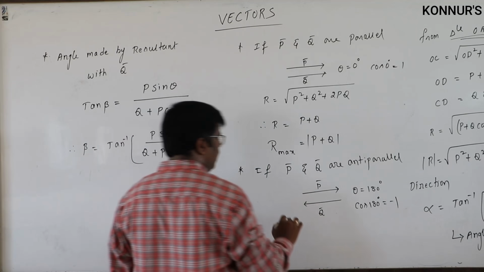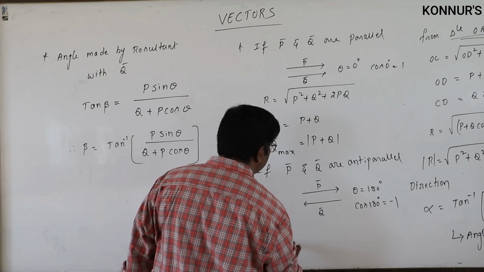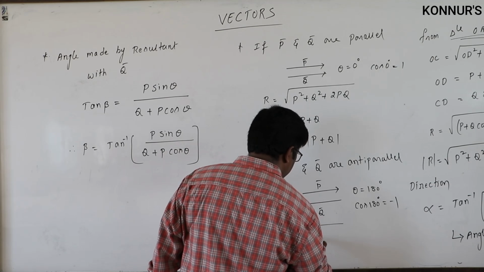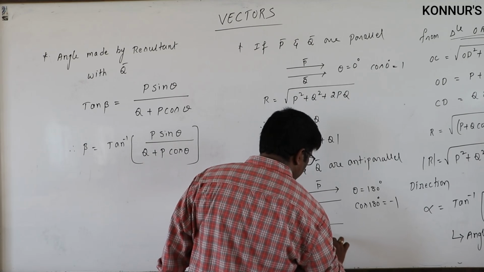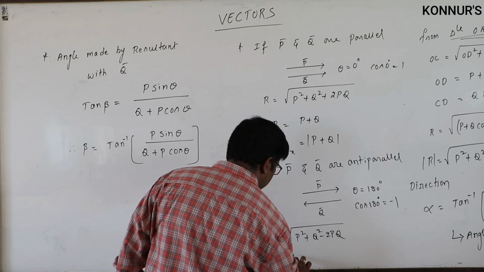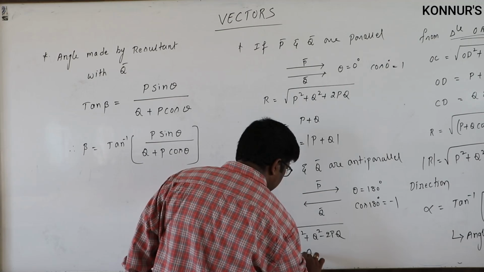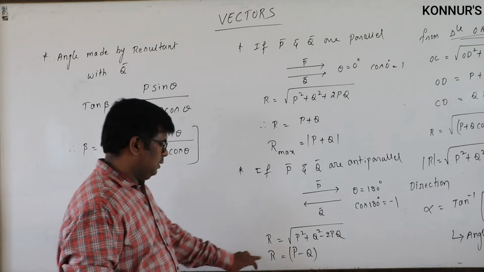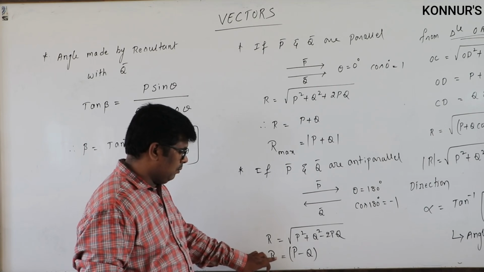Then the resultant r equals root over p square plus q square minus 2pq. Then you get r equal to p minus q. So this is what we have. It is nothing but a minimum.